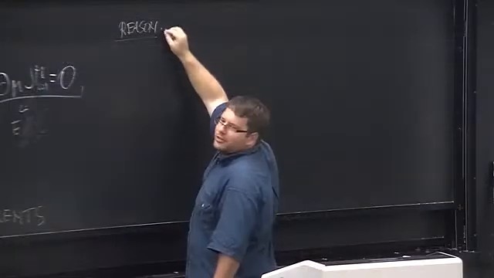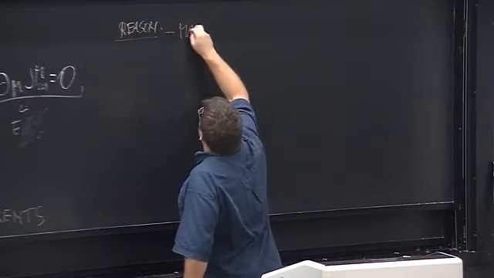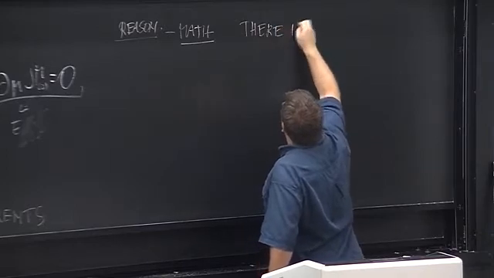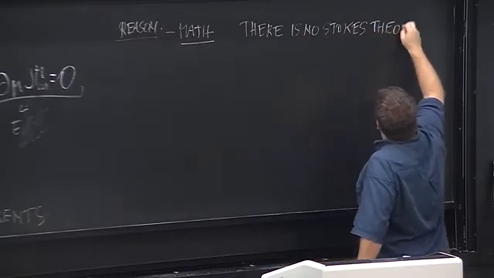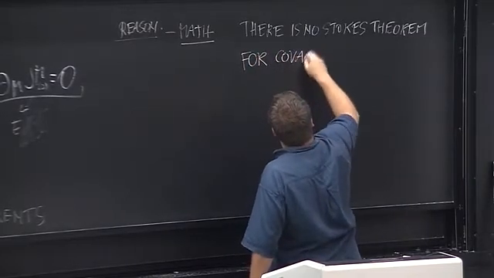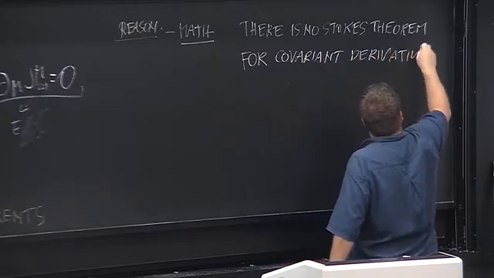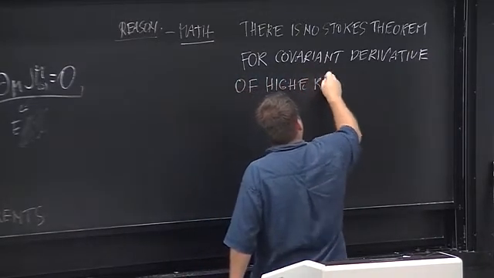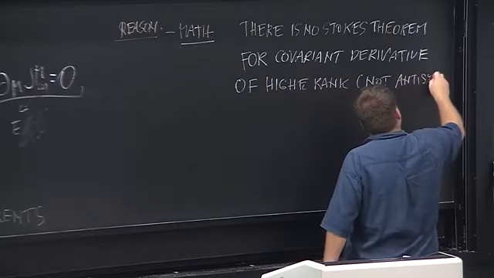You can split the reasons into the math reason and the physics reason. You just gave me the math reason. The math reason is there is no Stokes theorem for covariant derivative of higher rank, not antisymmetric, symmetric tensors.